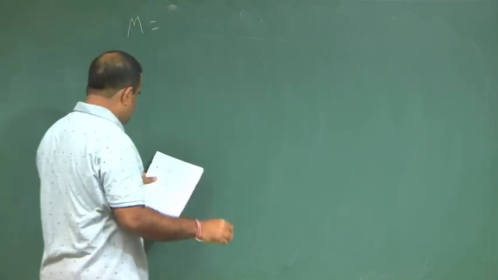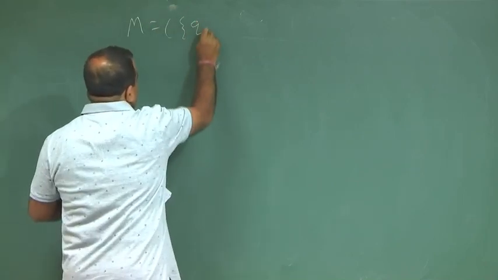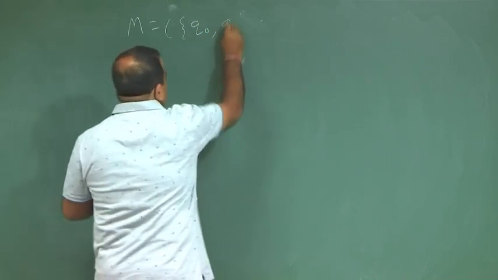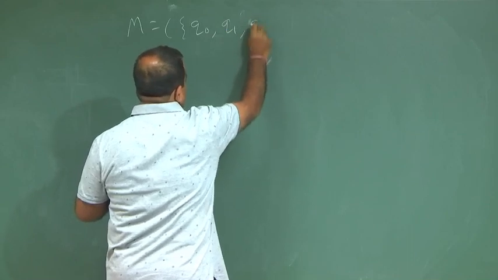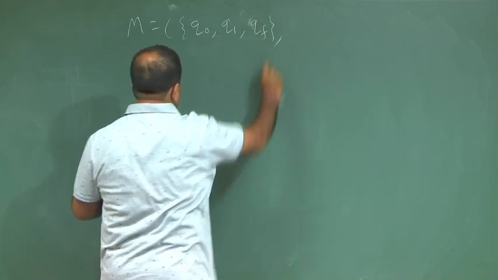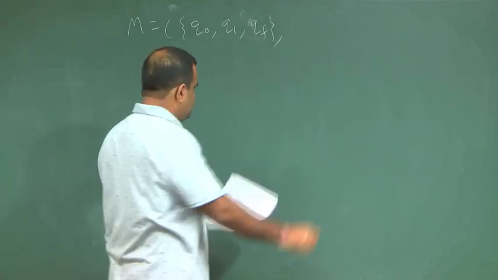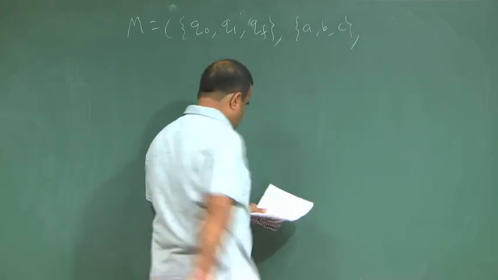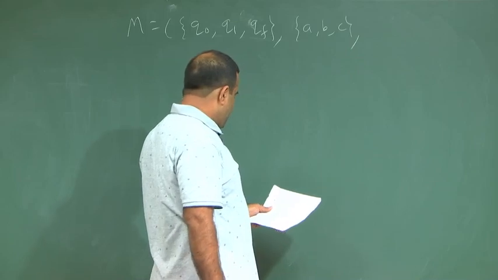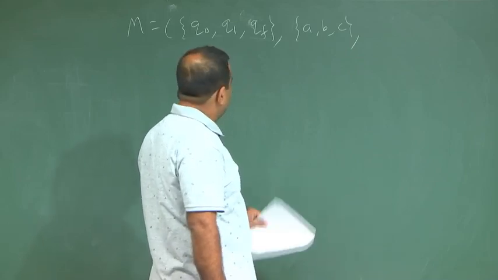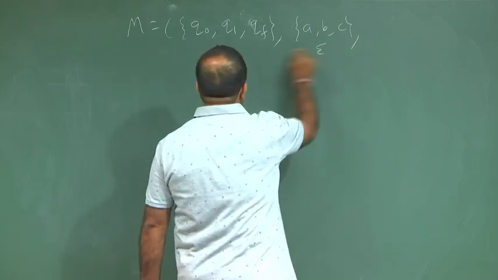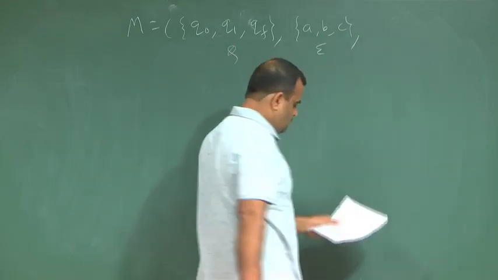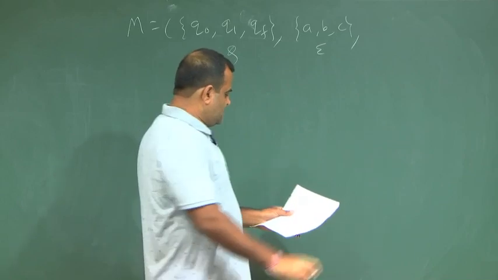Suppose we have an M like this, Q0, Q1, Qf. These are the states, and we have A, B, C. These are the sigma. This is our Q, and we have stack symbols. Stack symbols we are using A, B, Z0.